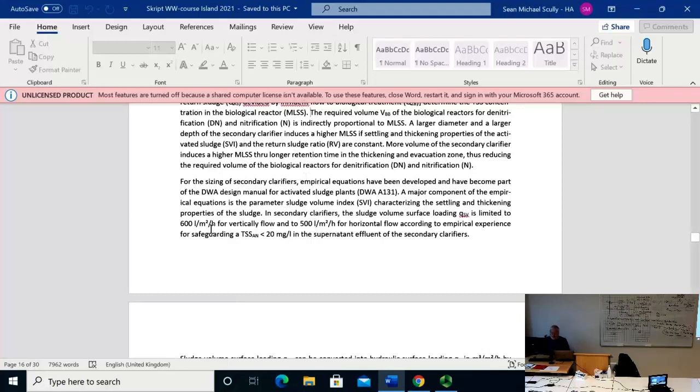And this sludge volume loading, that means liters of sludge.